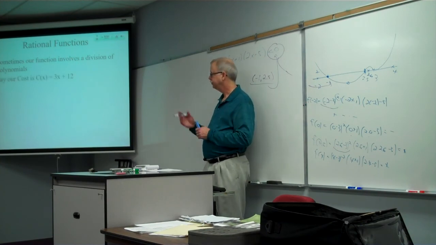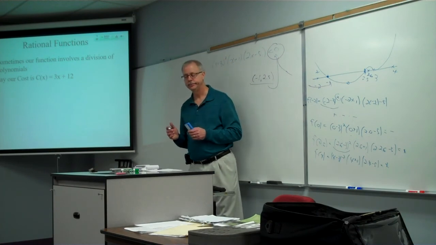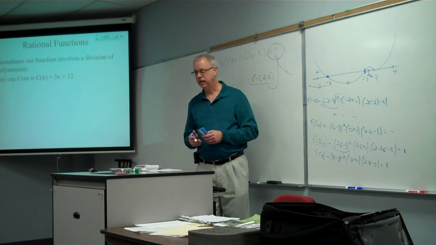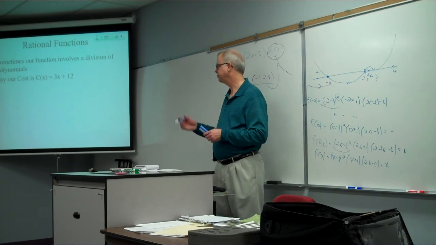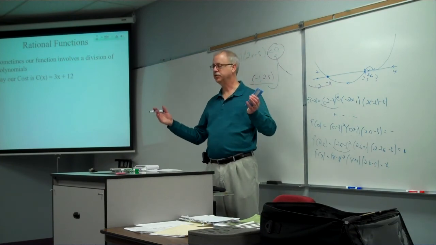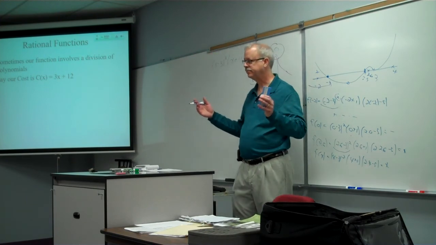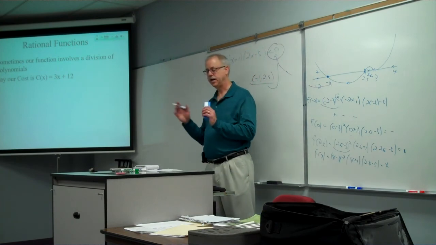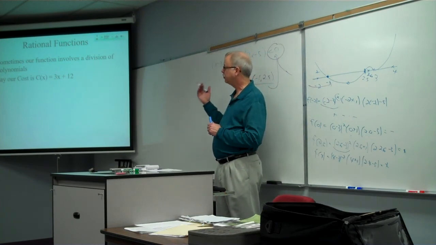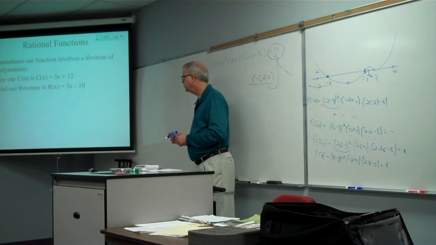But suppose we had a function for cost, 3x plus 12. If you're making something and you paid $12, or say in a business $12 million, to get set up, and then it's $3 million for every million you produce. You'd have to watch your units, but something in terms of cost. And then the revenue, say 5x minus 10.